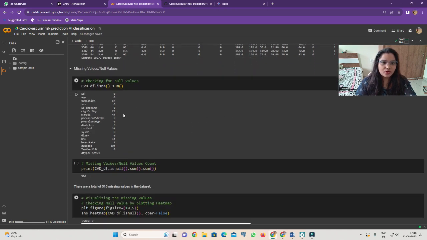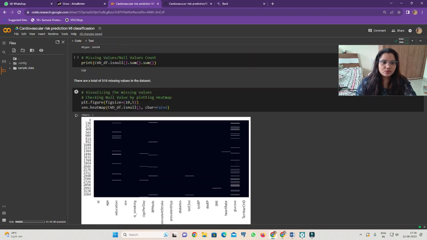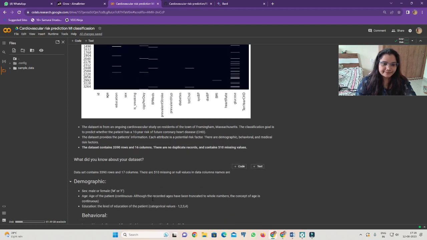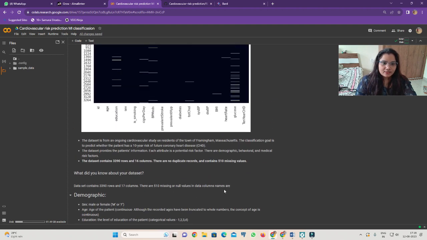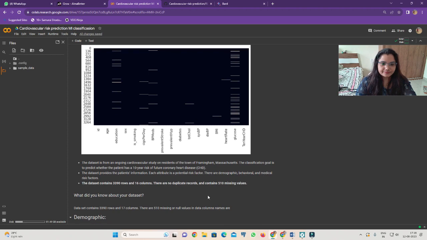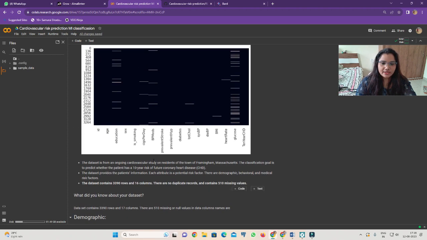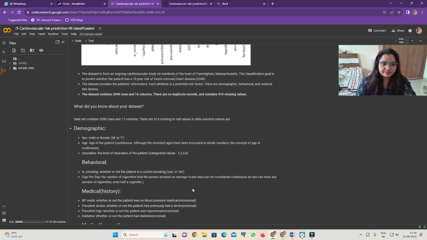Then we looked for the missing values. Here we can see some missing values, so we visualize them. We got 550 missing values here.